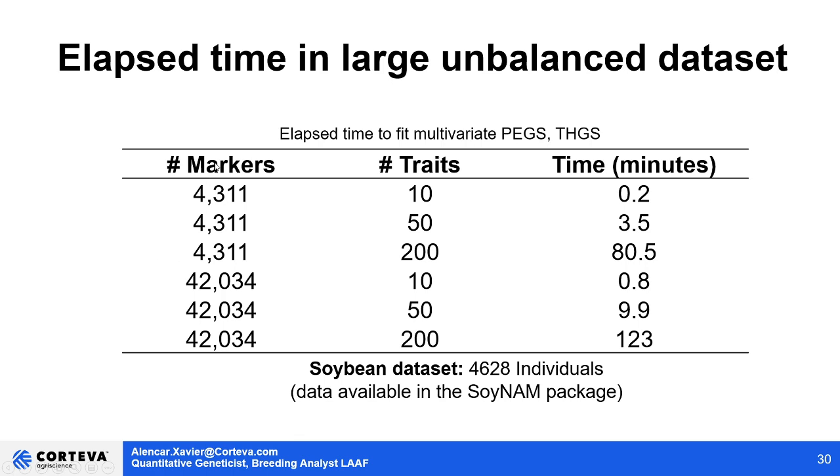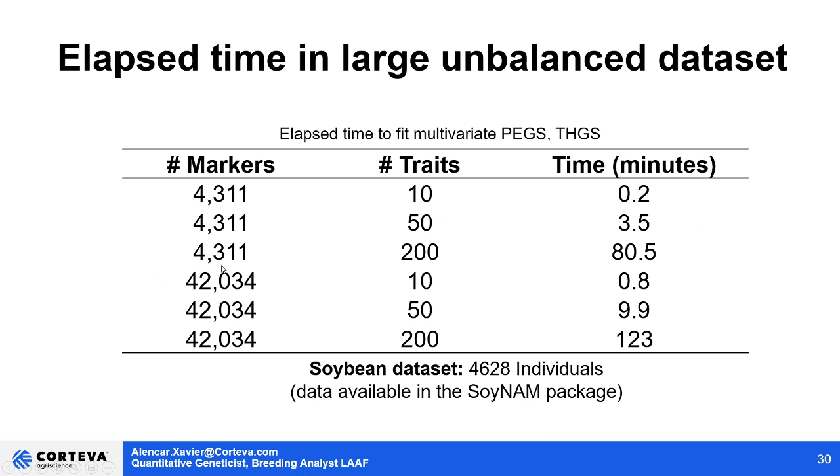So on the left we are checking what would happen if we were to fit that model with 4,000 markers or 42,000 markers, where the number of traits is 10, 50, or 200. And here's the elapsed time. So to fit 10 traits, it took 0.2 minutes, so less than a minute. To fit 50 traits, it took us 3 minutes.